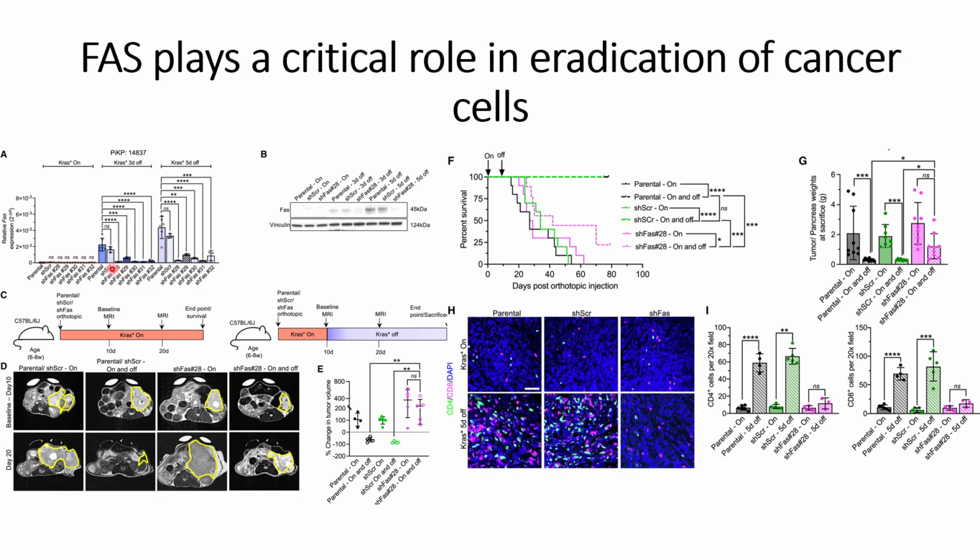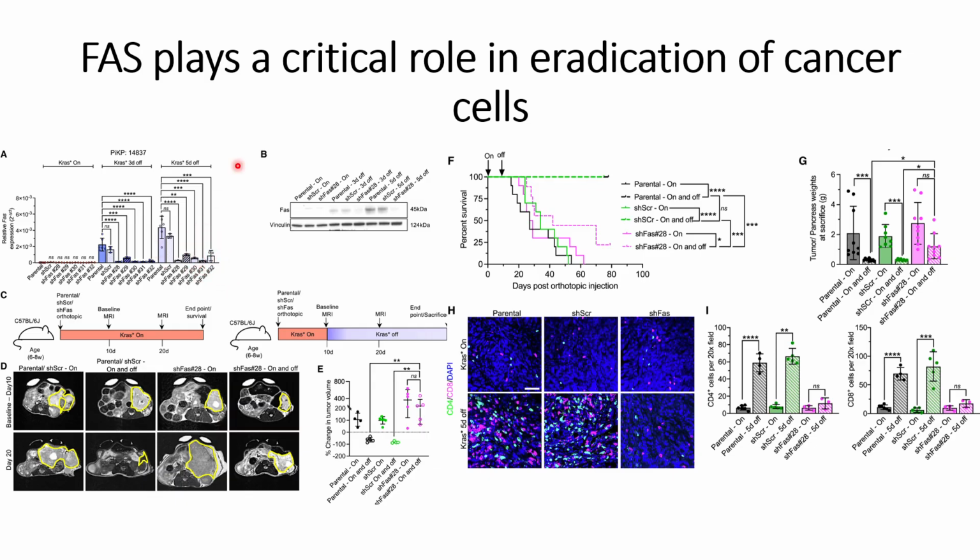And this increase in FAS receptors further goes up after 5 days of the elimination of the KRAS, and we can see a further increase in the FAS receptor signals in the parental case and the scrambled short hairpin RNAs, whereas the FAS receptors are statistically lower in the case where short hairpin FAS receptors RNAs are used.